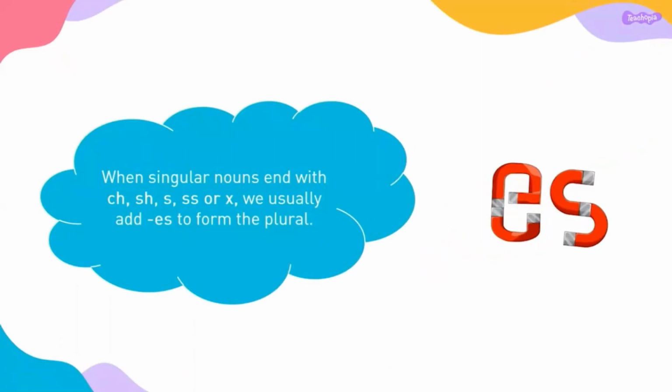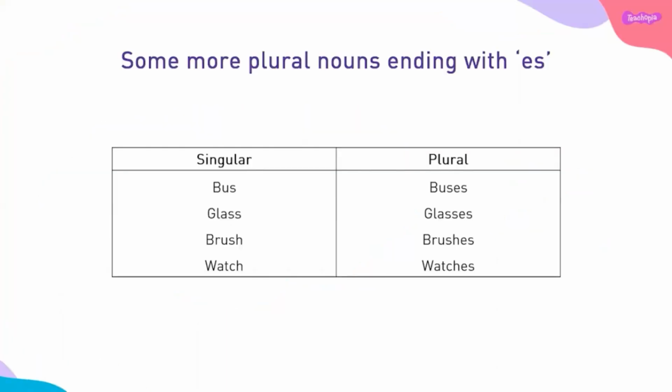Okay, so when singular nouns end with CH, SH, S, SS, or X, we usually add an ES to form plural, right? Yes. And some more examples of the same logic are bus becomes buses as we discussed, glass becomes glasses, brush becomes brushes, and watch becomes watches.